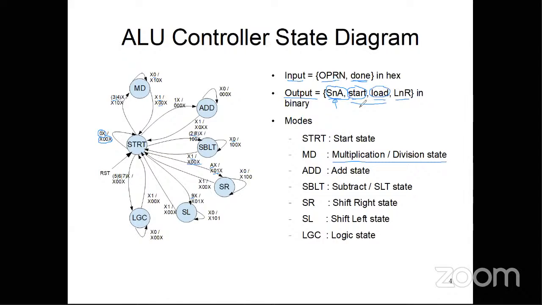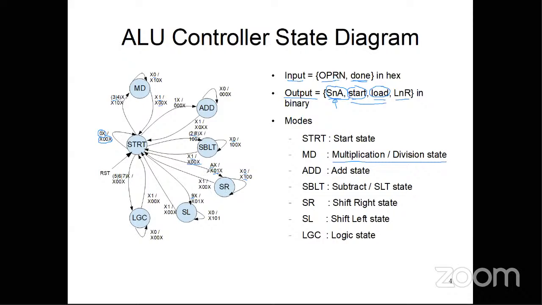This load signal will load the pattern to be shifted into the shifter circuit. And then once that is done, it will turn on the start signal. So this is a little bit different from the multiplication and division sequential operations.